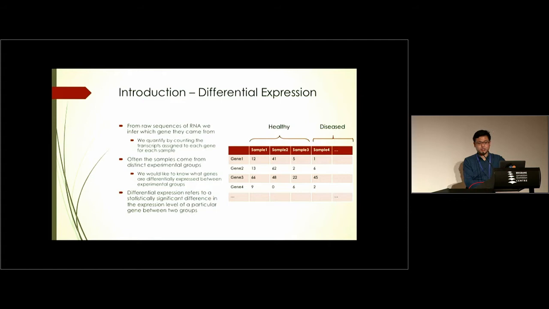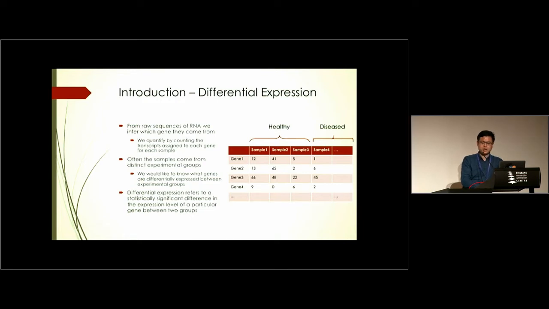So differential expression is basically just the differences in the expression levels of RNA molecules. From those raw sequences we take from the RNA, we can actually work out which gene they come from, and the result is that we can quantify the expression of certain genes into the table we see on the screen, where we have a bunch of samples coming from individuals which are generally grouped into some kind of treatment or healthy disease groups.